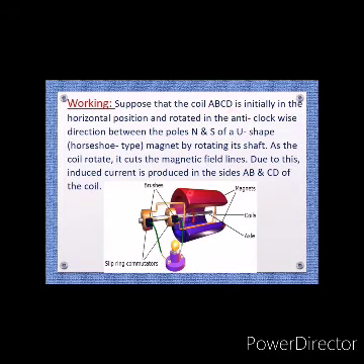Suppose the coil ABCD is initially in the horizontal position, and it is rotated anti-clockwise between the north and south poles of a horseshoe magnet, or you can take the U-shaped magnet also, while rotating the shaft. As the coil rotates, it cuts the magnetic field lines. Due to this, the induced current is produced in the sides AB and CD of the coil.